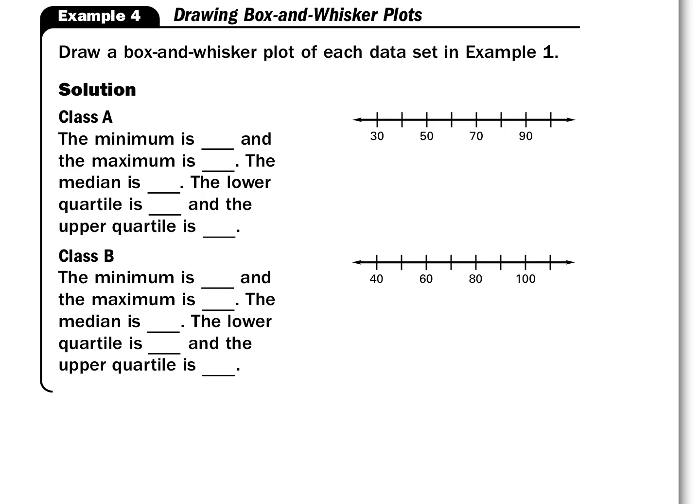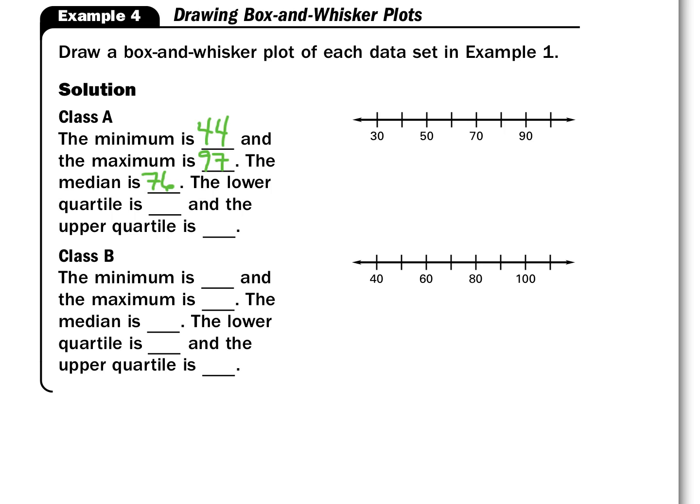So for class A, the minimum of the scores was 44, and the maximum was 97. Okay. The median we found to be 76. Okay, we didn't talk about the lower quartile or the upper quartile. And basically what that is, the lower quartile is the median of the bottom half of the numbers, and the upper quartile is the median of the upper half of the numbers after you take out the median itself.